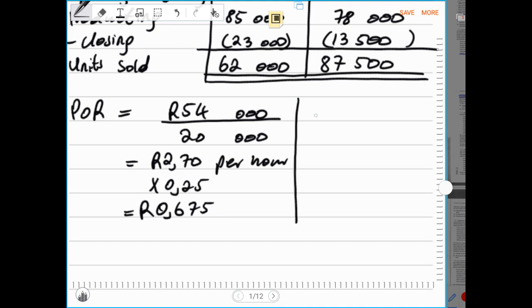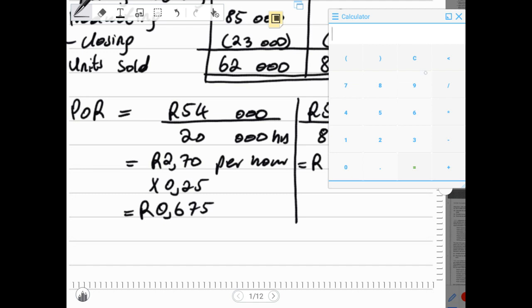At the same time, you could have done this the very easy way, where you just take the fixed overhead cost per month and divide that by 80,000 units. Remember, the previous was hours. If you use the number of units, it will give you the final amount directly.